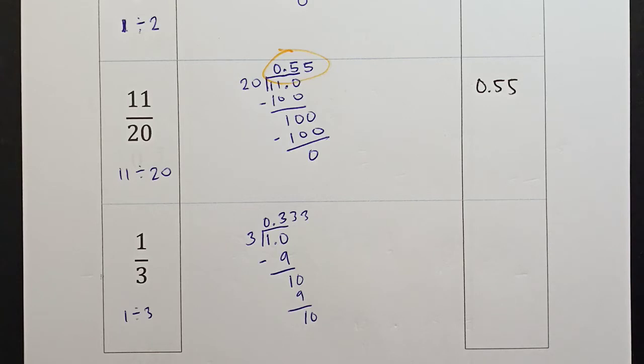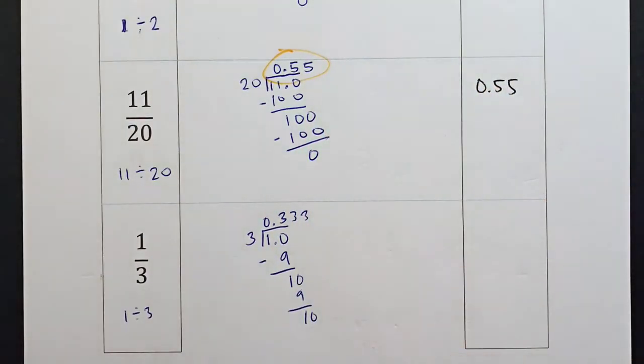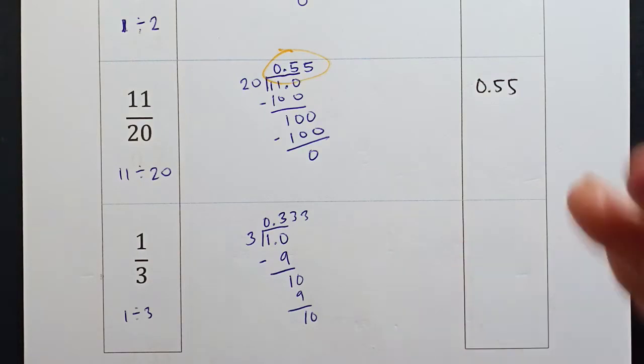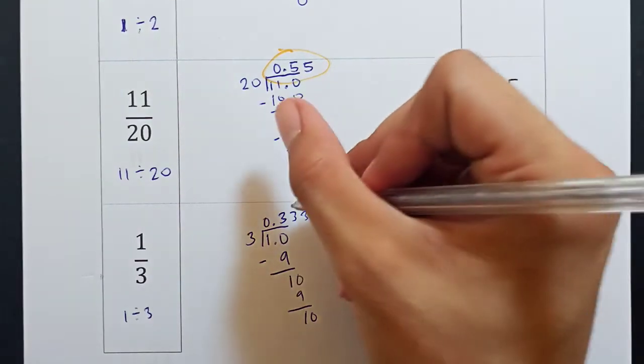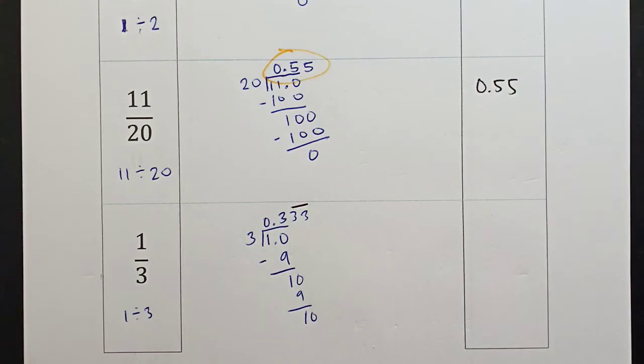This type of decimal is called the repeating and non-terminating decimal. So, para mapakita natin na siya ay non-terminating or paulit-ulit at hindi natatapos, we can put a bar sign above the numbers. And that's it. That's the answer.